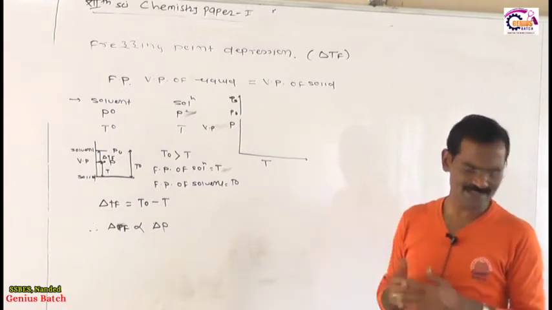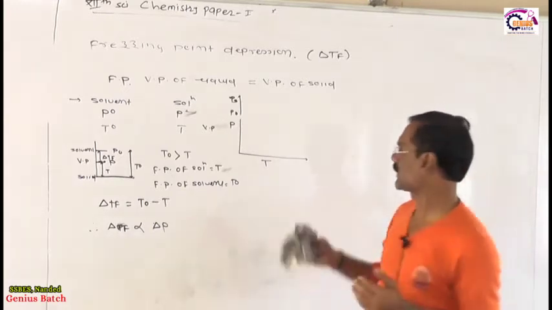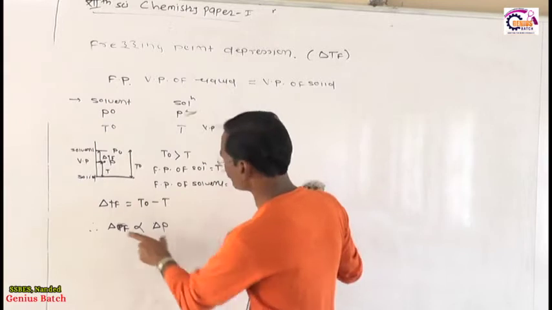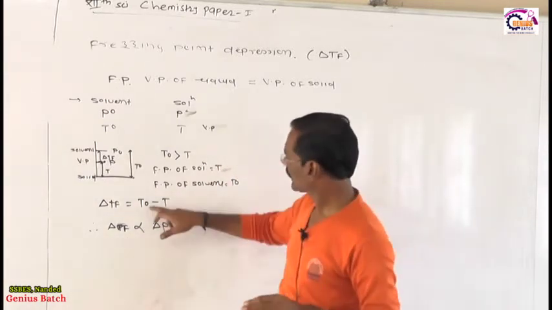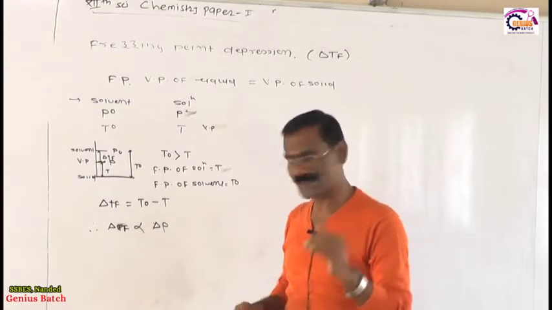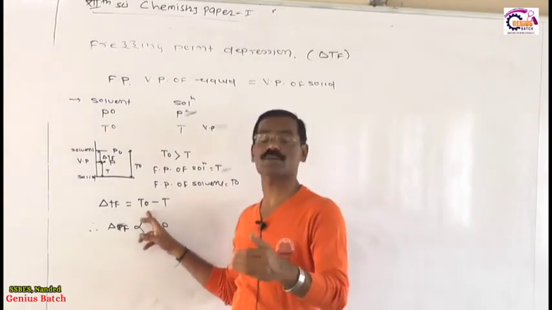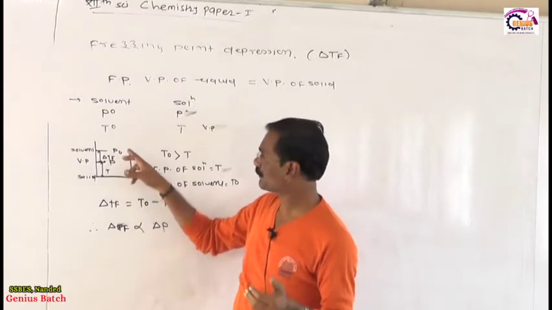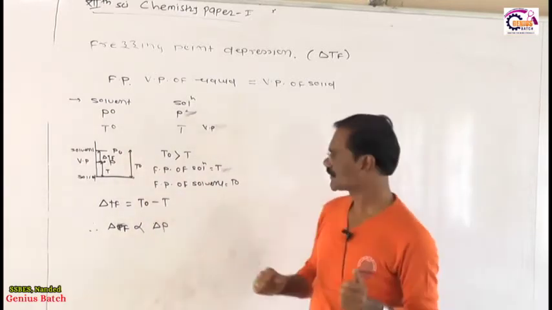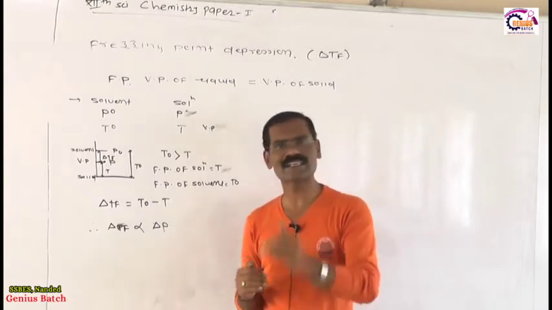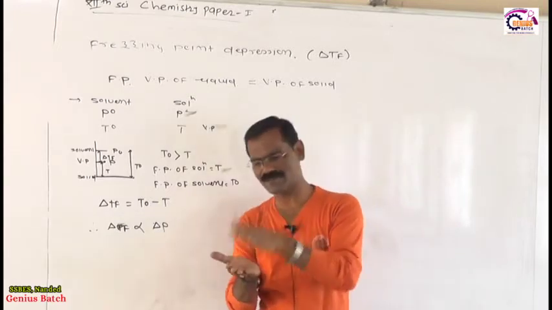Therefore, whenever we discuss this phenomenon of freezing point depression, delta TF is equal to T0 minus T. Why T0? Because the pure solvent must release more heat for its vapor pressure to equal the vapor pressure of its own solid. But the vapor pressure of the solution is already less, so it does not need to release as much heat.